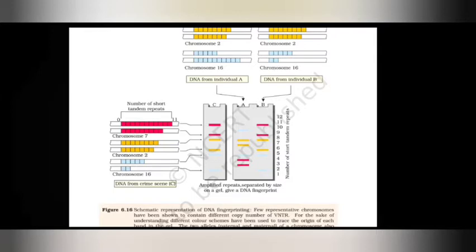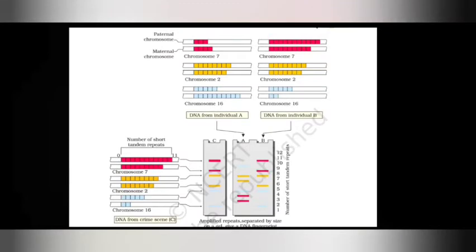After doing the gel electrophoresis, the patterns of their DNA are obtained, and when these two patterns of A and B are matched with C, which is actually the VNTR probe, we can see that the pattern of individual B matches completely with the crime scene pattern. So here we can identify that the criminal out of A and B is B.